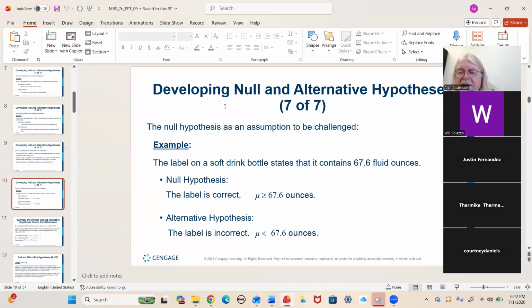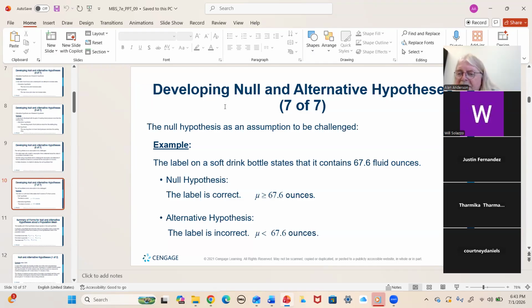The alternative will be that it does not, that it's too low. And that way, if we do reject the null hypothesis, it'll only be because we have very strong evidence that the bottles are underfilled. And then that means we better do something about it, no matter how expensive it is. So that's why it's set up this way. We don't want to jump to the wrong conclusion about this. We don't want to recall all the bottles unless we have evidence that it's necessary.